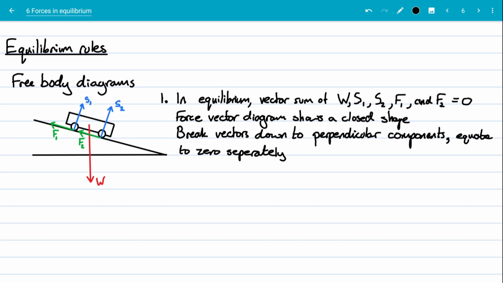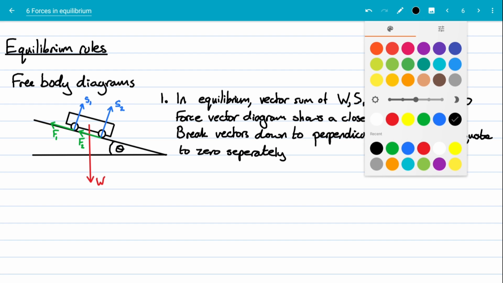Now that can be more useful rather than trying to draw a scale diagram in A-level physics to look at perpendicular components. So you can do a scale diagram, or you can break down into components. So let's just have a look at that. Let's say that this is theta, like that.